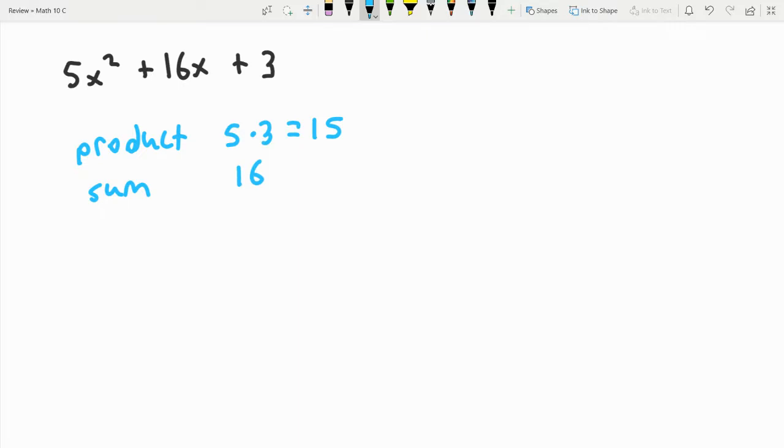Now what I want to do is find two numbers that multiply together to make 15, but add together to make 16. In this case, we only have a few choices. I can think of 15 times 1 or 5 times 3 to make 15.